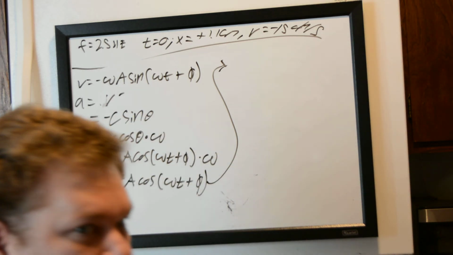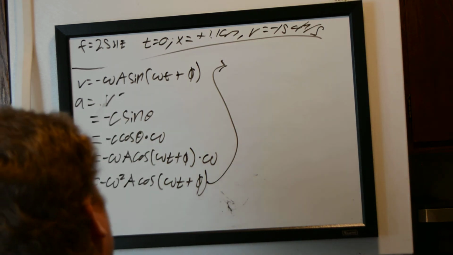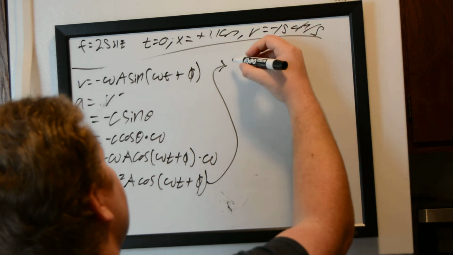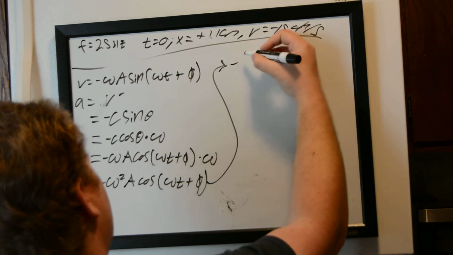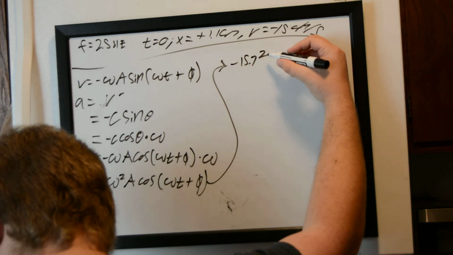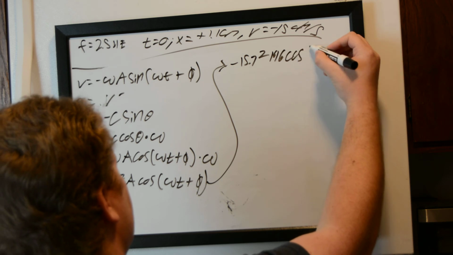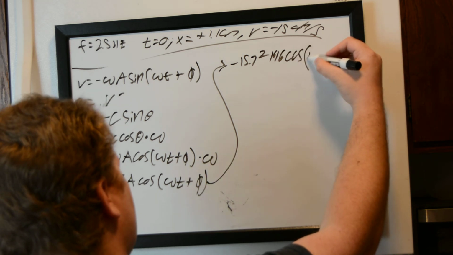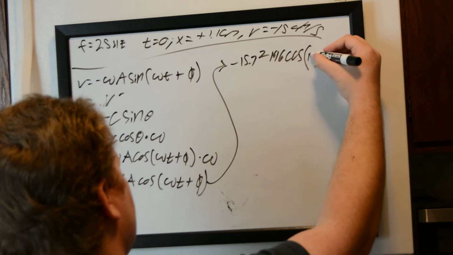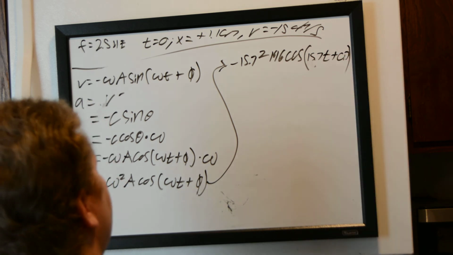Alright, so now we're ready to just plug our known values into this equation to get the general equation for acceleration. So we know that our angular velocity, oh boy, is 15.7 squared times our amplitude, which is 146 centimeters, times the cosine of our angular velocity, which is 15.7 times t plus phi, which is 0.72.